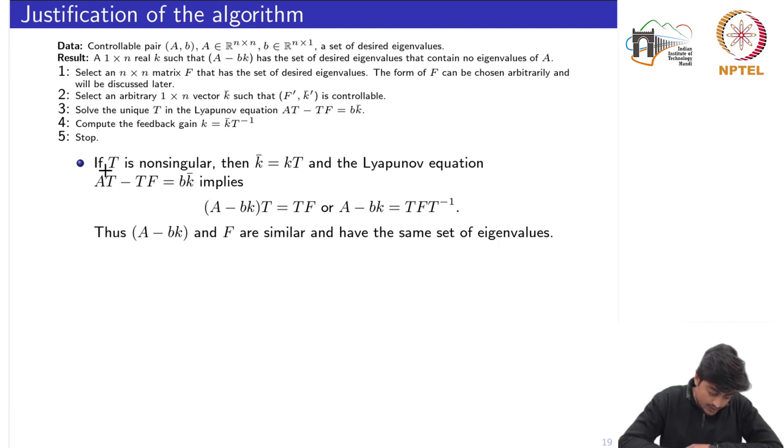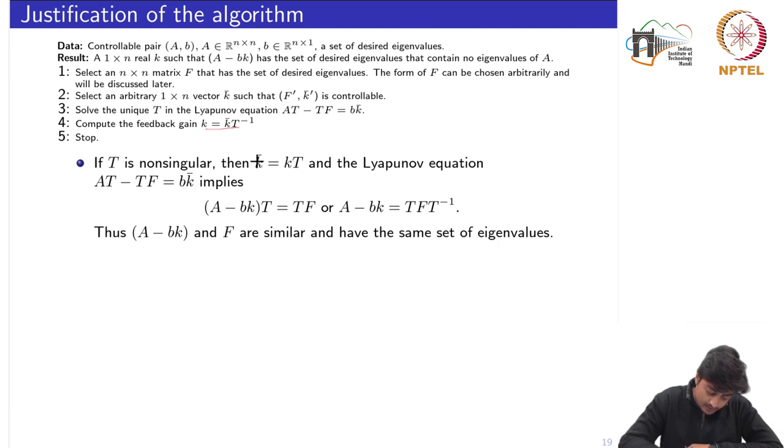So the first point is that if the matrix T is non-singular, then I can write k bar is equal to k into T, and in the Lyapunov equation k bar can be replaced by kT.